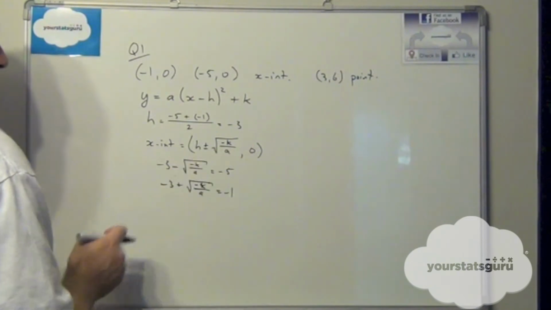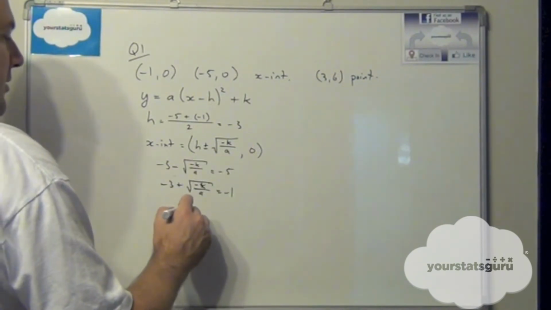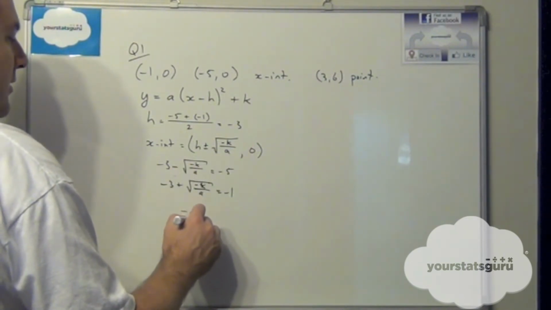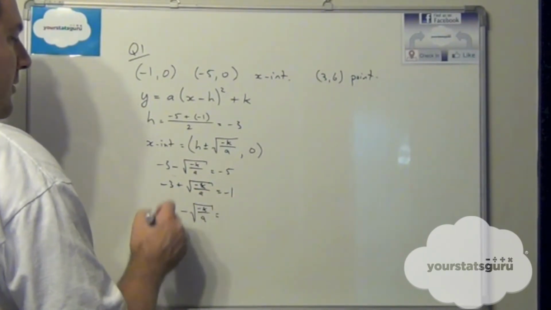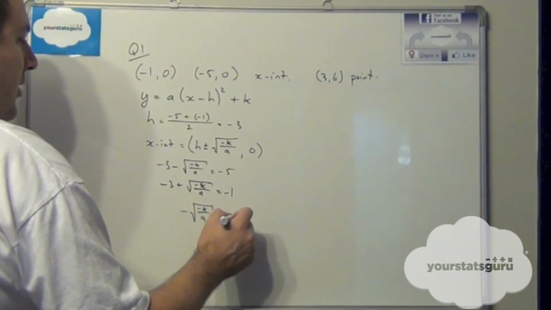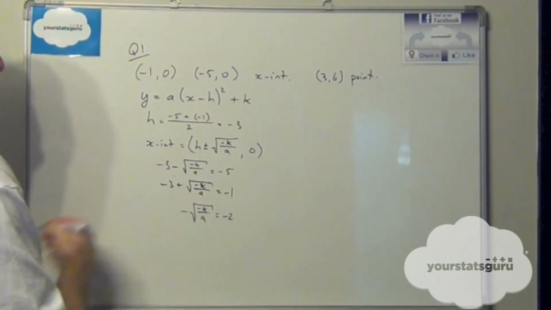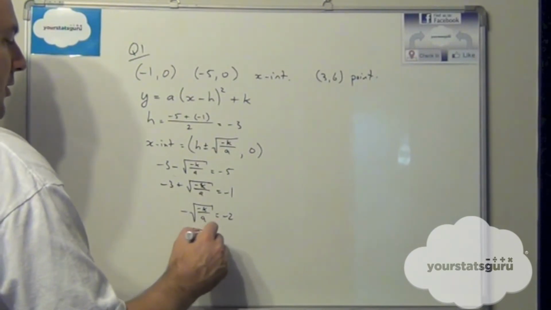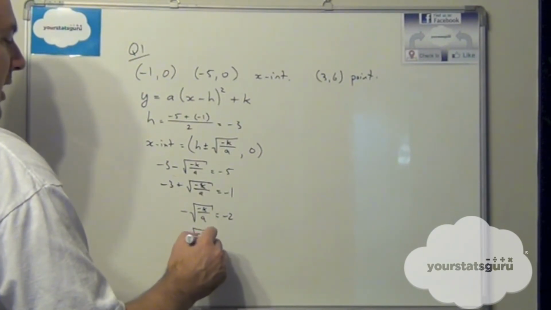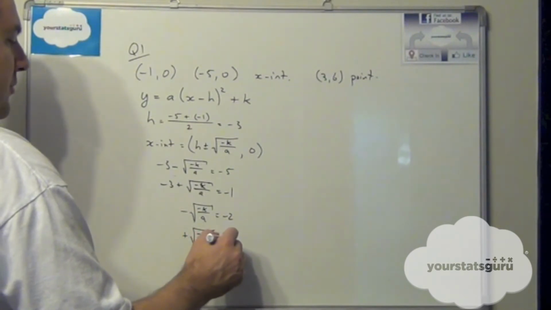Bringing the -3 to the other side, we'll see that the negative root of -k over a is equal to -2, and that the positive root of -k over a is equal to +2.